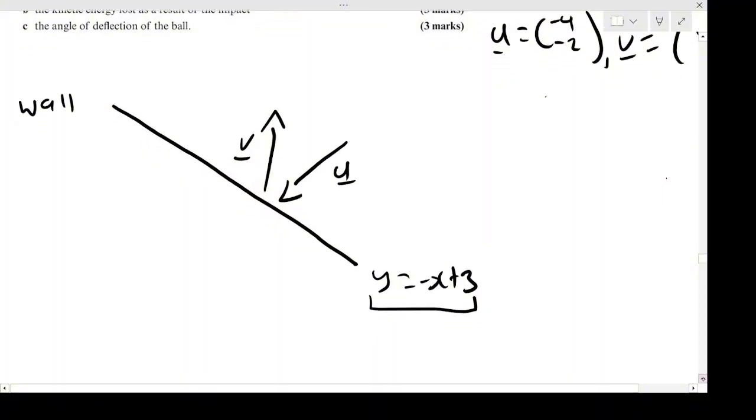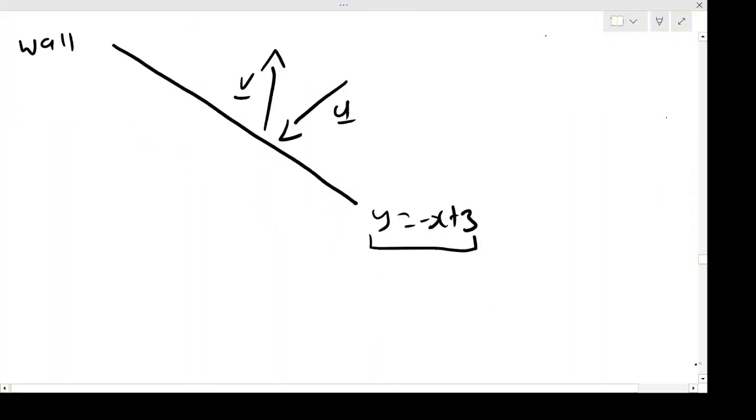Okay, it makes things a bit more awkward, but actually it's fairly straightforward because if we have the Cartesian equation, if we just look at the equation, again, it's y is mx plus c. We can read off that the gradient is minus 1. Well, actually, the direction vector is basically the gradient.